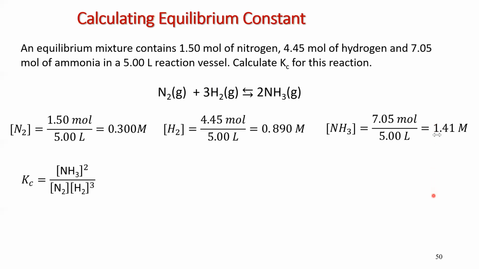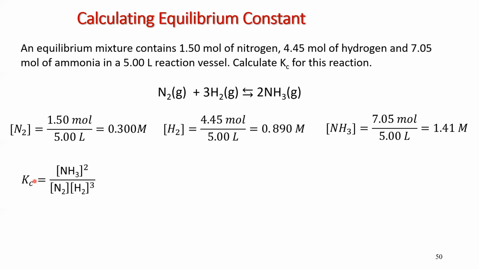So now that we've written the K expression, we know the equilibrium concentrations. We're going to plug these numbers into our expression and get our value for K. And there are no units for an equilibrium constant, so you don't have to worry about that part. So actually write the numbers down, then plug them into your equation.